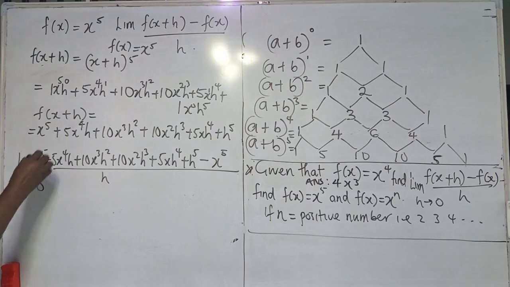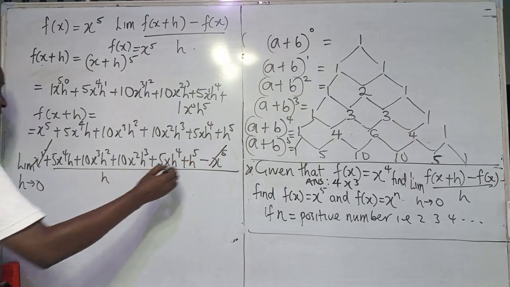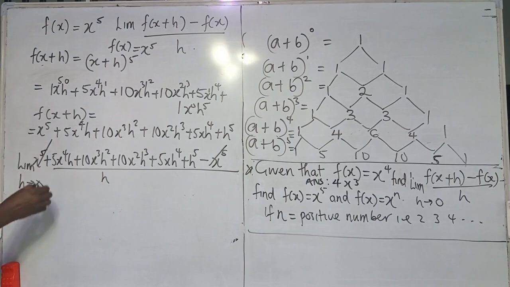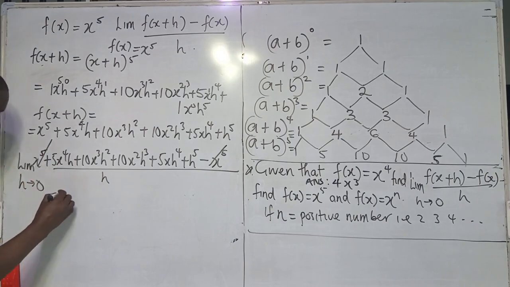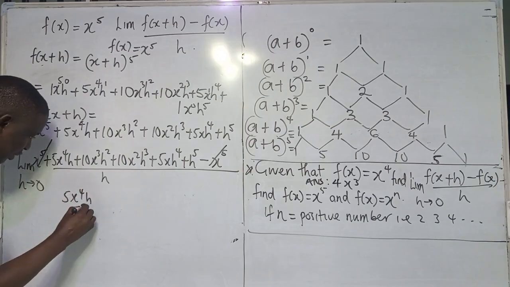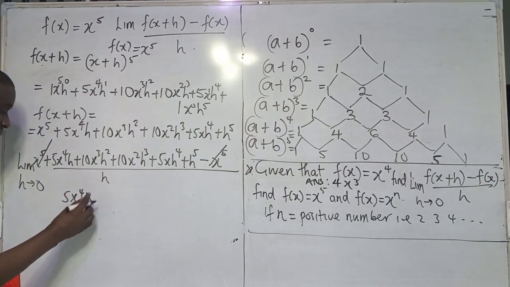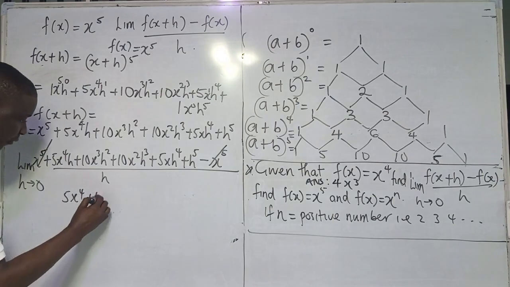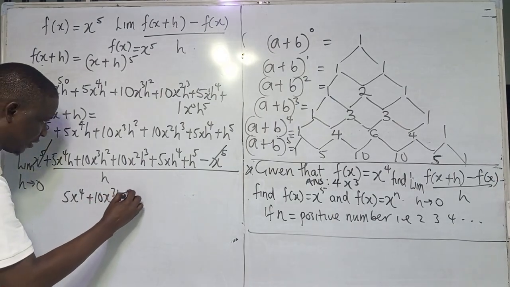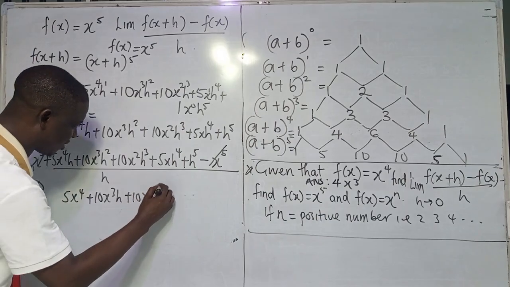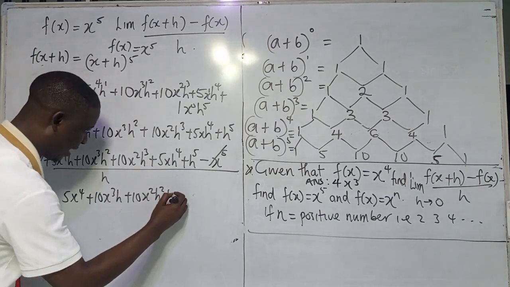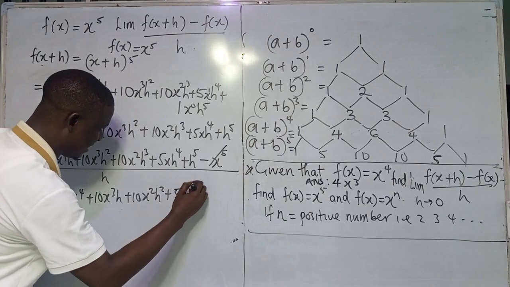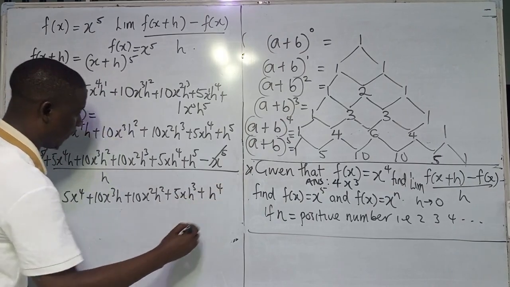So if you do that, this one will eliminate x to the power 5. We eliminate that one. Then the remaining 5x^4 h, if you divide it by h, you are going to have 5x^4, plus 10x cubed h plus 10x squared h squared, plus 5x h cubed plus h^4.